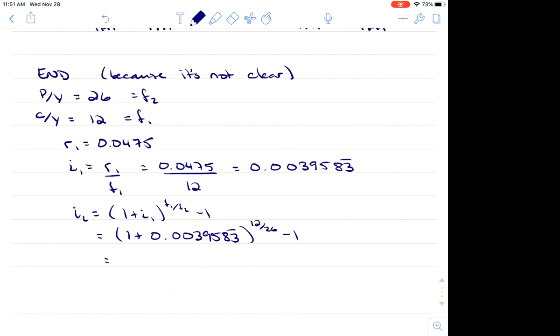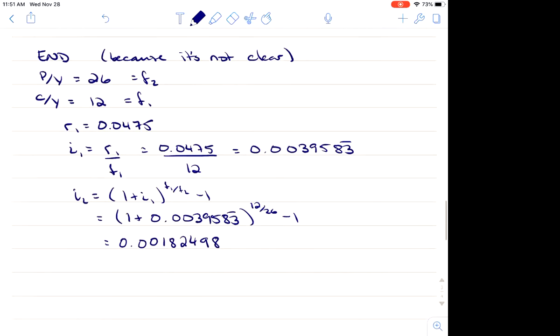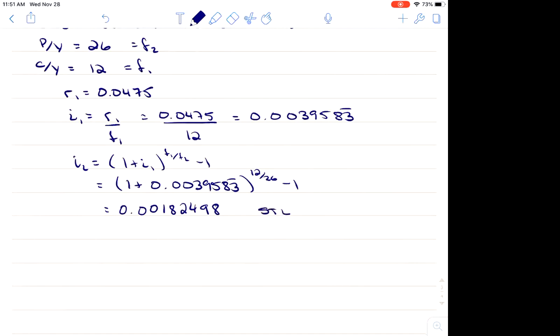So plus 1 to the power of 12 divided by 26, minus 1, gives 0.00182498. We're going to use this a lot, so definitely store it somewhere. Store it in 1. Okay.